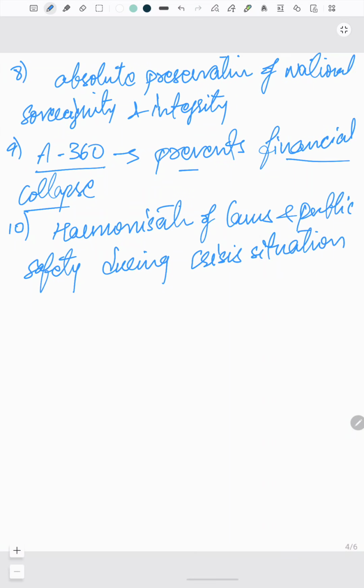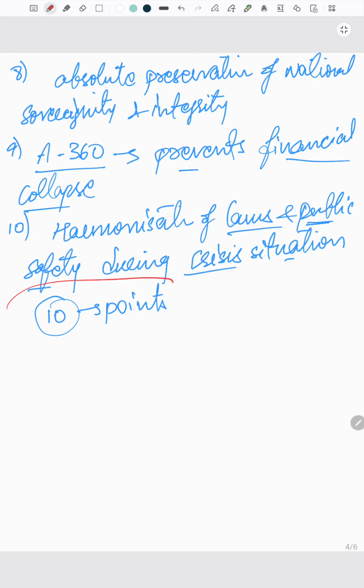So during a crisis situation, like a national emergency due to war or some sort of external aggression, some sort of law should be made at that particular time in order to ensure public safety. So see, if you observe, we have written 10 points regarding the demand of the question. 10 points are fair enough to fetch more marks, I can say.